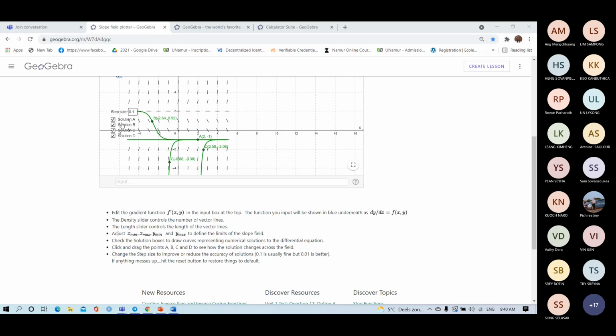But because of the solutions here, we have only 4 solutions. So you see only the reaching-out graph here, but you don't see the reaching out this way. If you have other solutions, perhaps you can see this one too. You see the slope here.